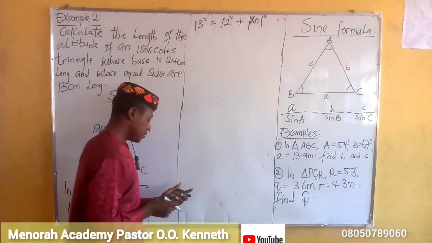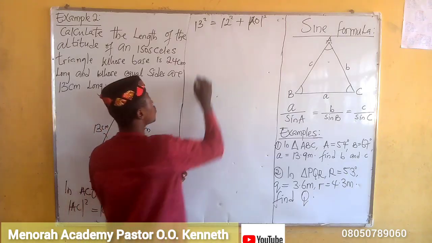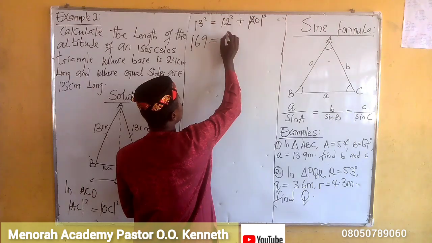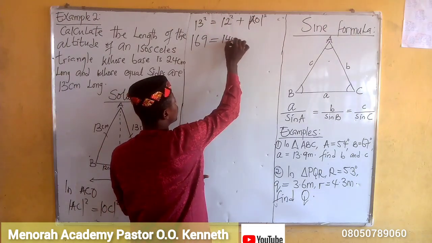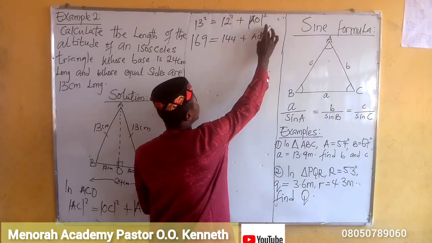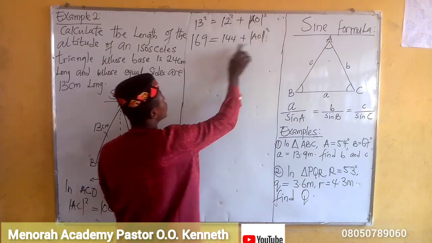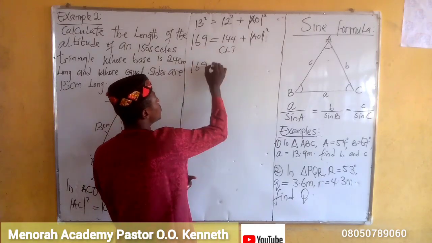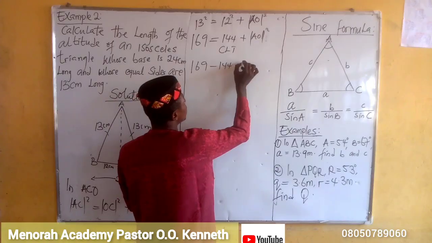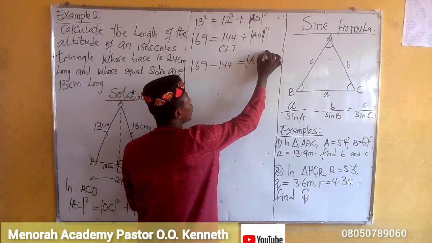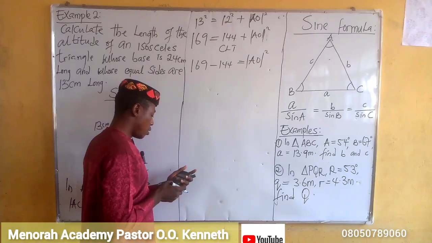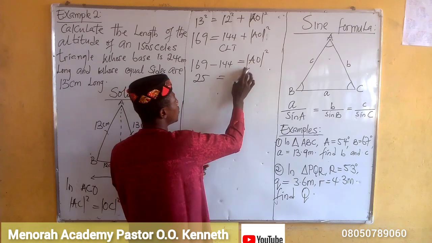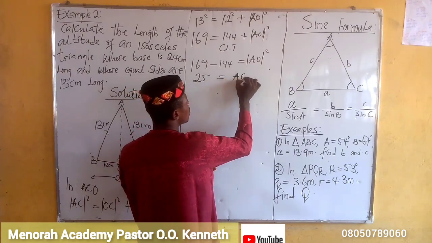So now 13 squared is 169, equal to 12 squared, which is 144, plus line AO squared, which is what you are looking for. So we collect like terms. 169, the plus 144 is coming, changed to minus 144, equals AO squared. 169 minus 144 gives us 25, and 25 is equal to AO squared.